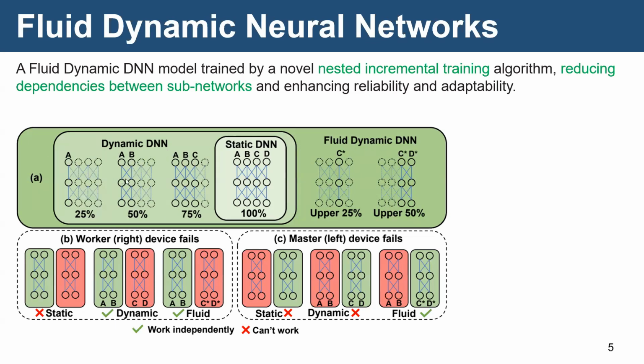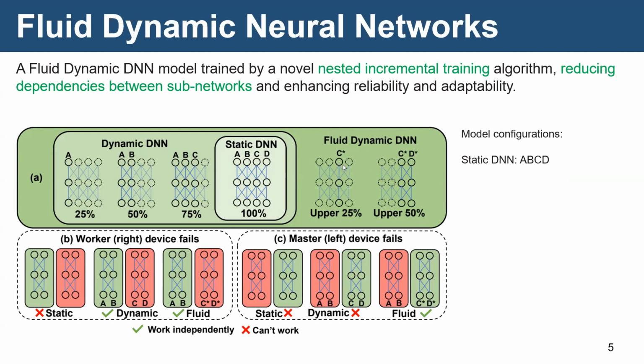In a standard dynamic model, if we took the upper 50% of the model weights, such as C or CD, and use them for inference, we get a random result because these model weights are not trained to do inference independently. Now, in the fluid dynamic DNN model, we use nested incremental training to support another 50% model using only the upper 25% and upper 50% of the model weights.